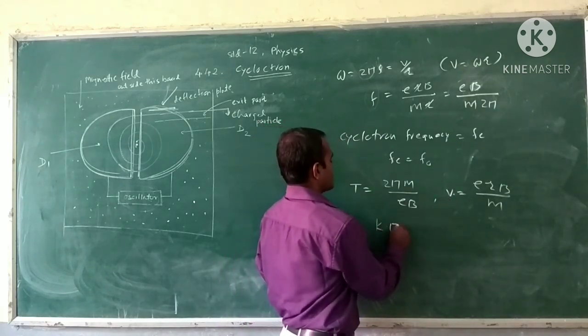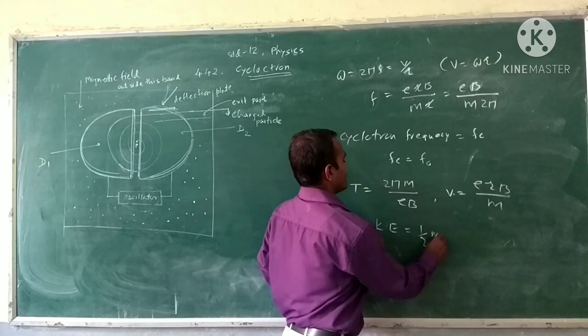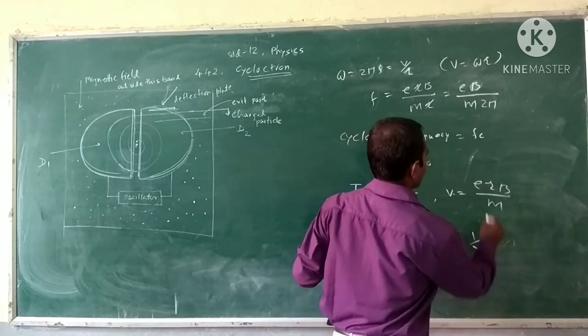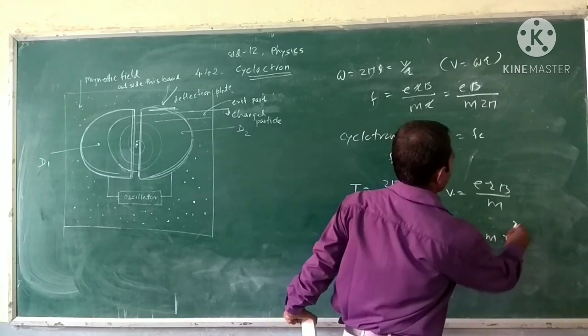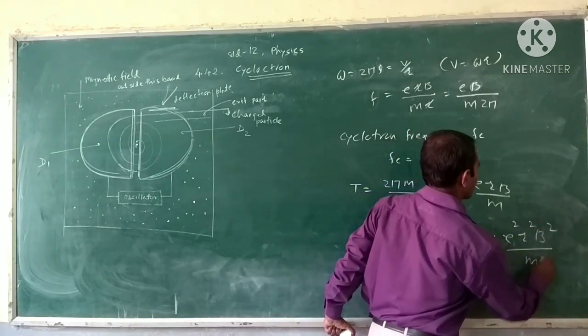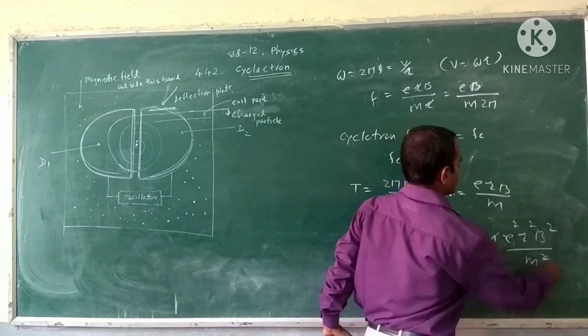Kinetic energy is equal to half m v square, so half E square R square B square divided by M square. So M will be cancelled.